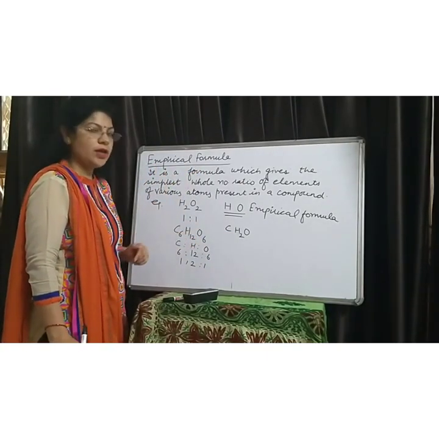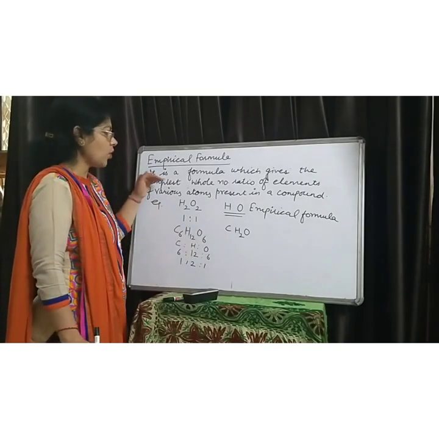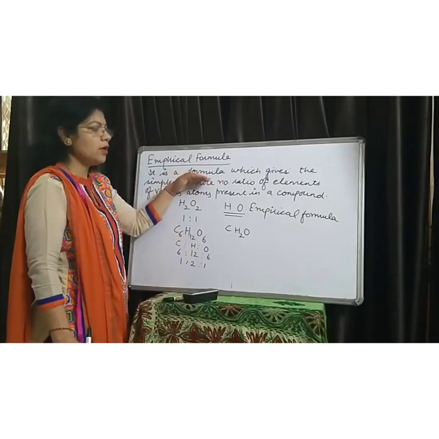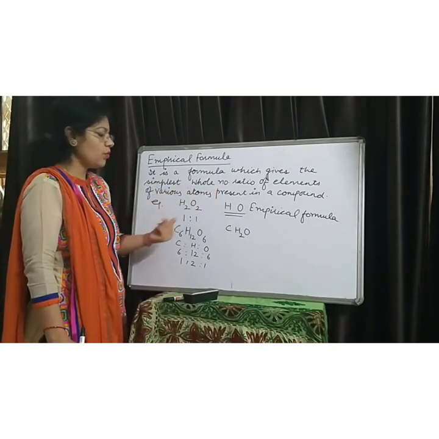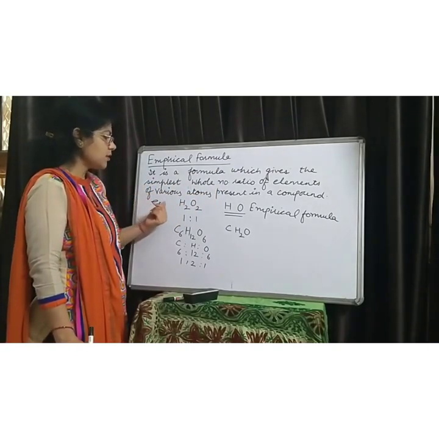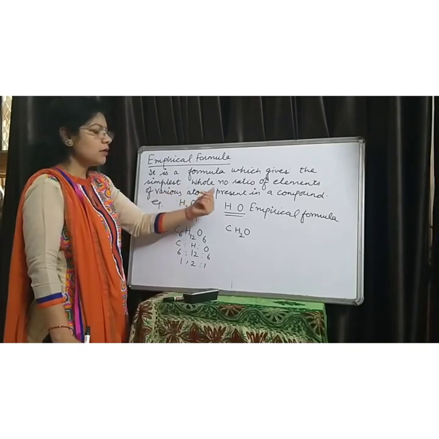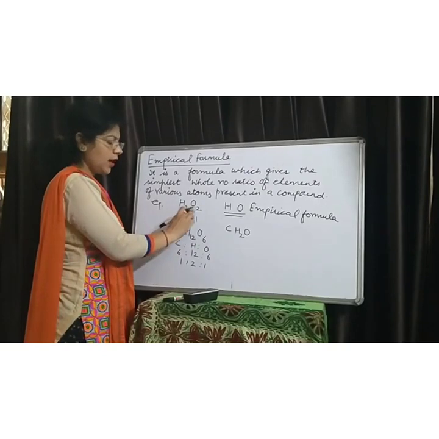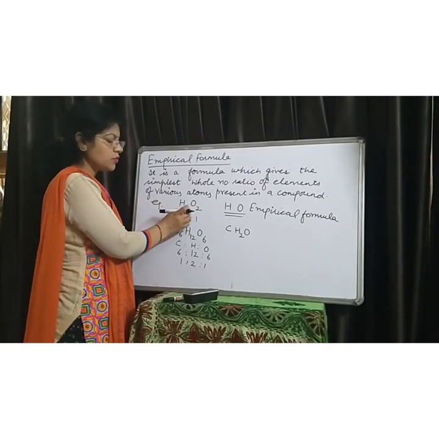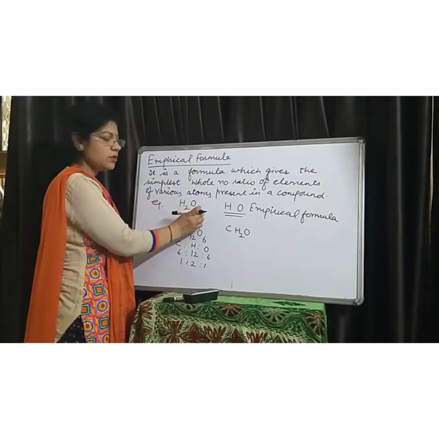Hence, we define the empirical formula as the formula which gives the simplest whole number ratio of the elements present in a compound. See here, in hydrogen peroxide there are two atoms of hydrogen and two atoms of oxygen.